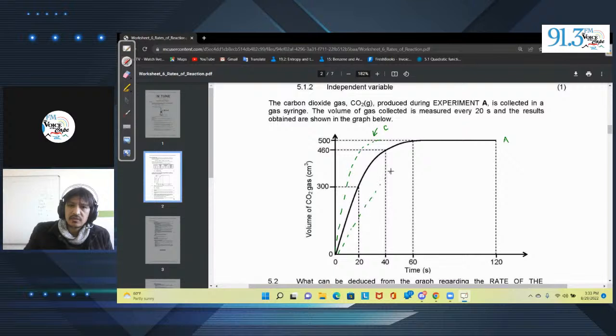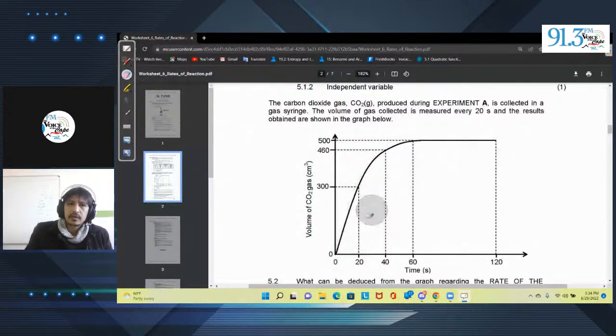The gradient's a lot more shallow, and eventually it goes up and then peaks off somewhere over here. If we had to measure the gradient for each line, we see that the gradient is a lot steeper here than it is over here. And that's how we know. So C will be greater than A.